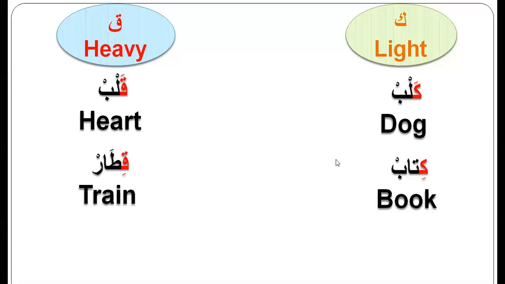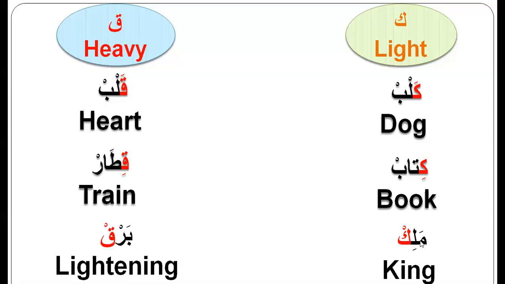As for kasra, ki, kitab, book. قطار, train. We don't say kitar, but we say قطار for train.